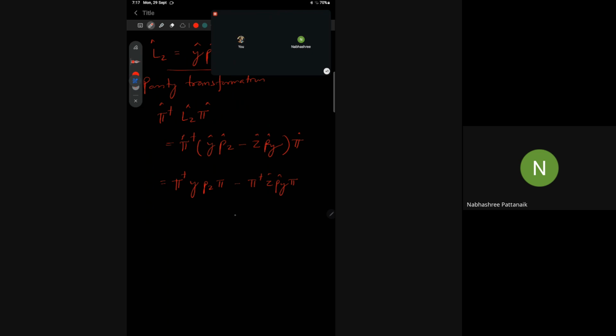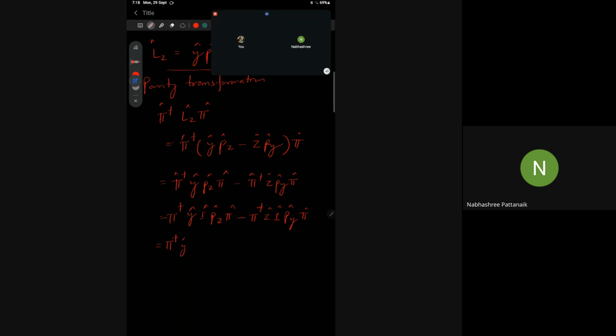Now what we'll do here: these are all operators. Here I will introduce an identity operator. Identity can always be multiplied, right? So pi dagger y pi pi dagger pz pi minus, similarly, pi dagger z pi pi dagger py pi.